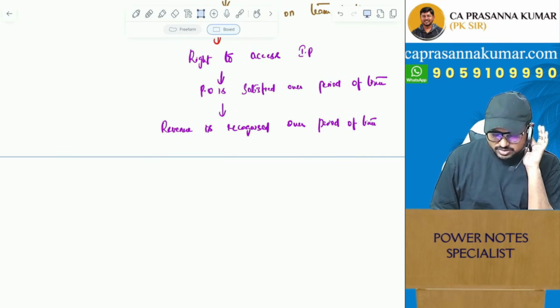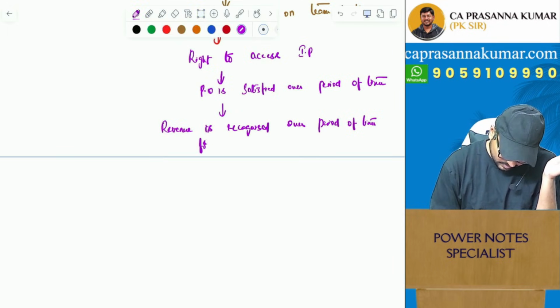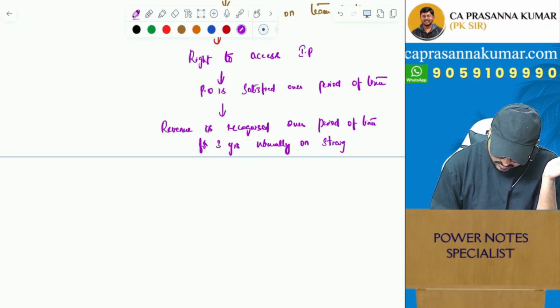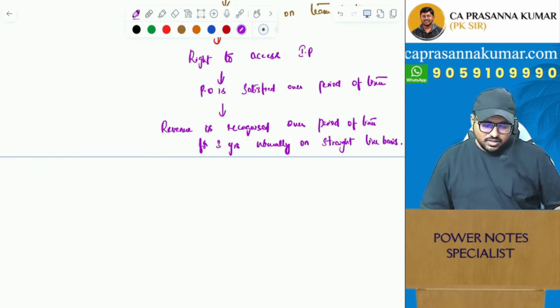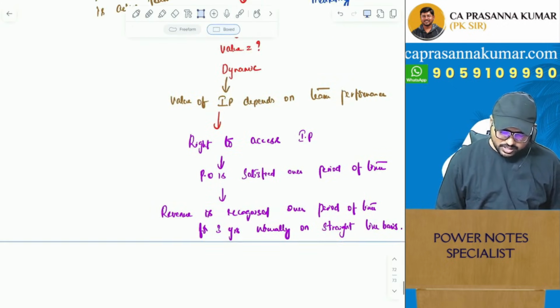Correct. Typically, it will be on a straight line basis for 3 years, which means equally. Unless another pattern is given specifically in the question, otherwise it will be straight line basis.